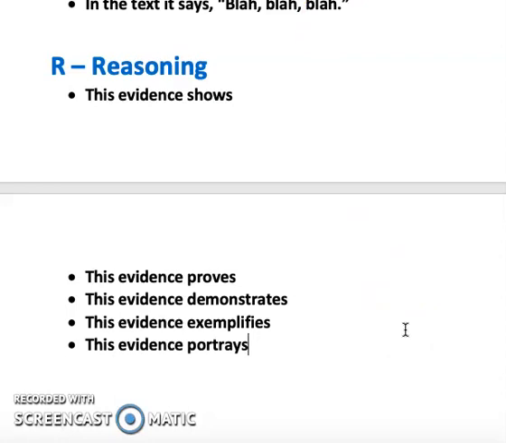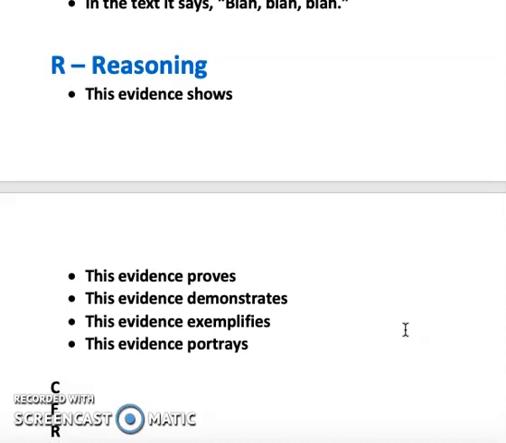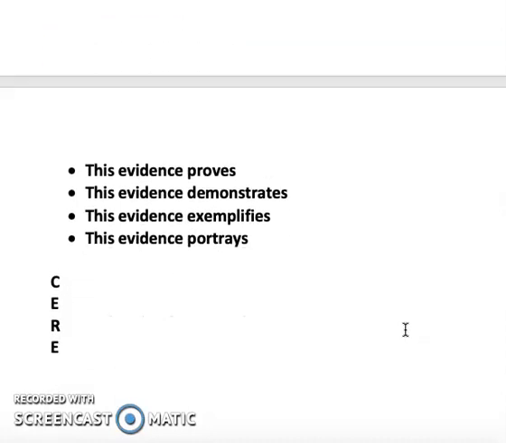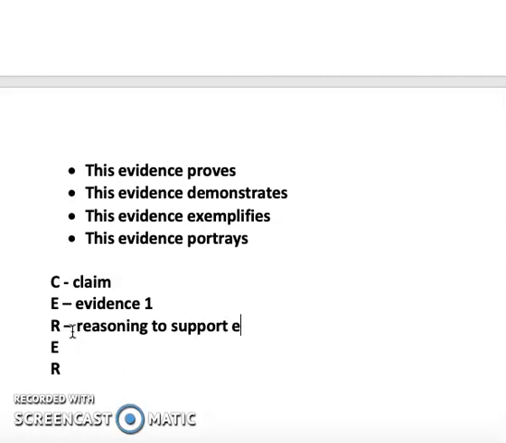If you're a student that really wants to push yourself and you remember how to do your CER response, I'm going to put up just a couple reminders here. So it would be your claim. It would be evidence 1. It would be reasoning to support evidence 1.